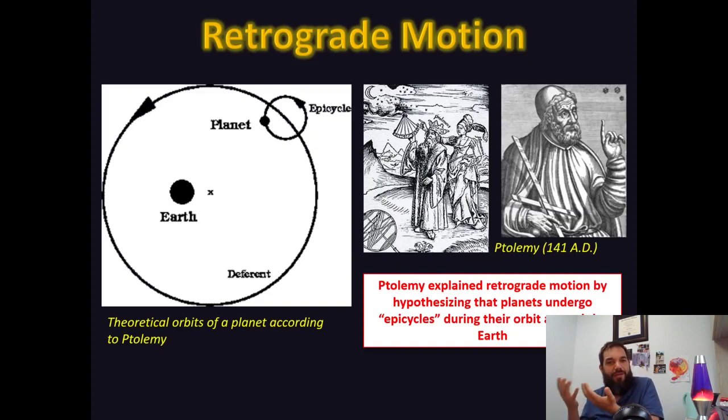Maybe his real contribution to the advancement of astronomy is that he's bringing the problem of retrograde motion to the forefront of the discussion, trying to show how retrograde motion and geocentrism can both be true.